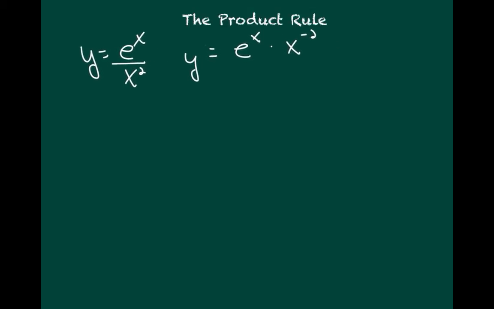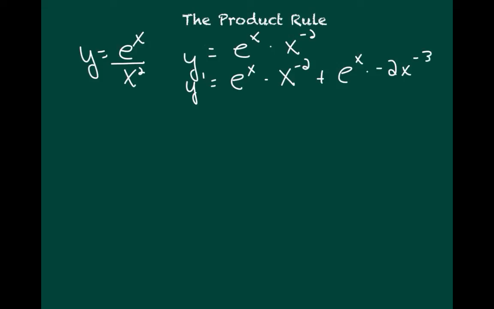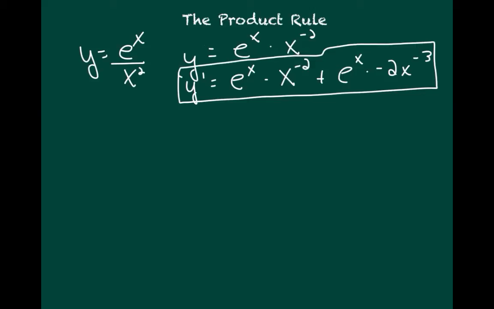So y prime is going to equal the derivative of the first, which is, of course, just e to the x again, times the second, which is x to the negative 2, plus the first, e to the x, times the derivative of the second, which will be negative 2x to the negative 3. So that would become our answer to this quotient if we turned around and made it a product.